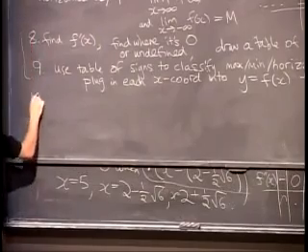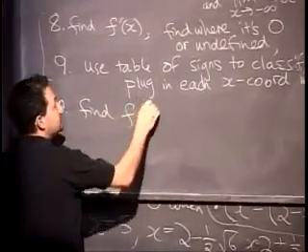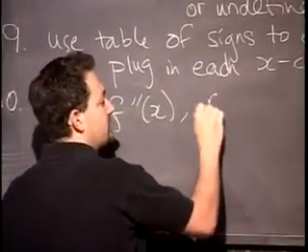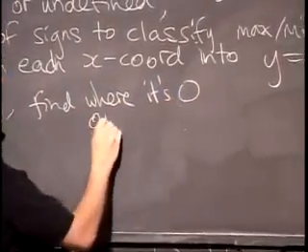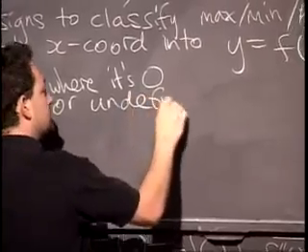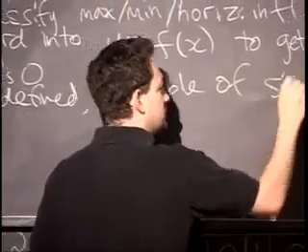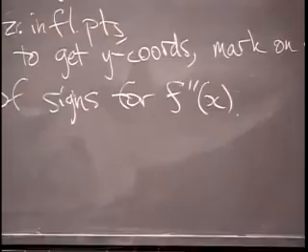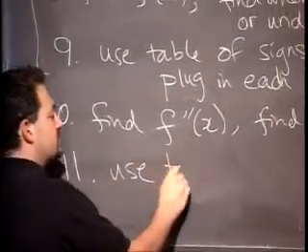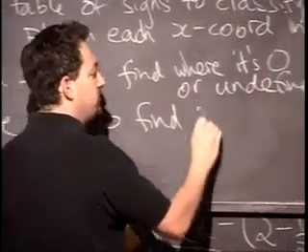Steps 10 and 11 are similarly paired, but they involve the second derivative. So find the second derivative. Find where it's 0 or undefined, and make a table of signs for the second derivative. Then step 11 is the companion step. Use the table to find the inflection points.